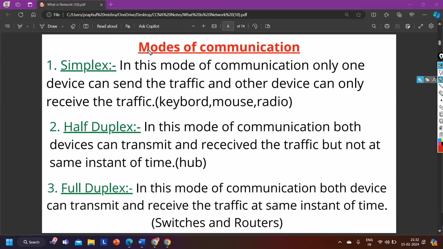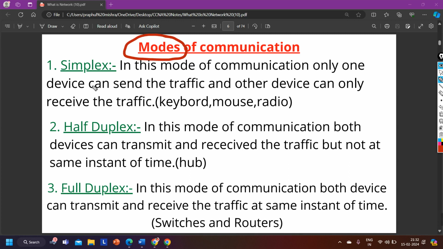Okay, now let's move to this portion, modes of communication, because today I have to finish these basic terms. Guys, modes of communication, we have three modes. One is simplex, another one is half duplex, and the third one is full duplex. First of all, what do you mean by modes?